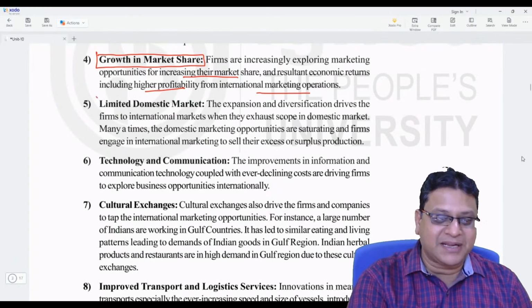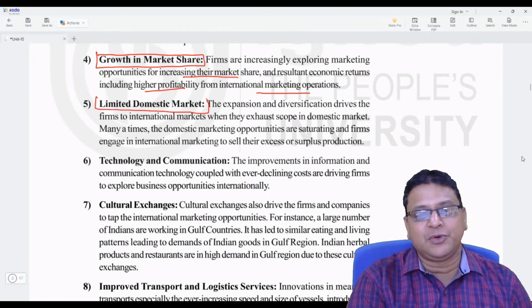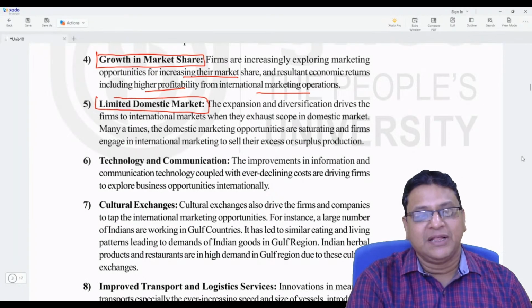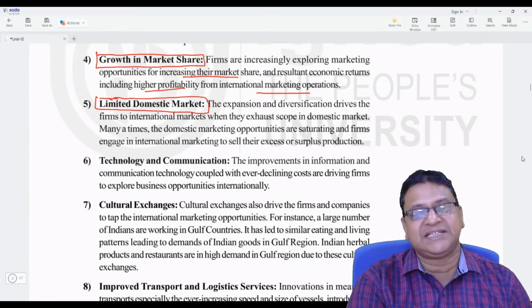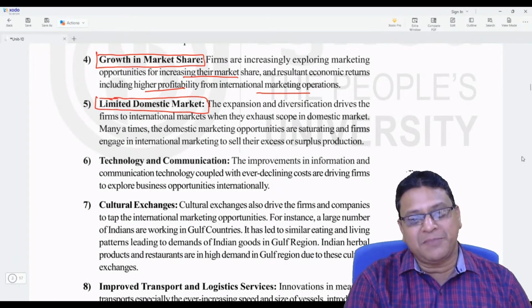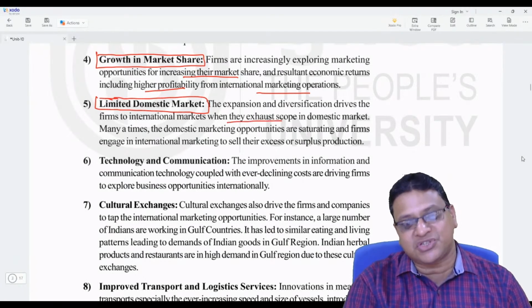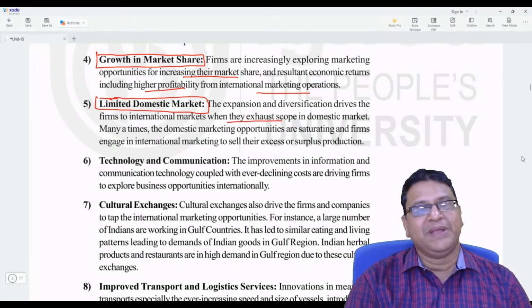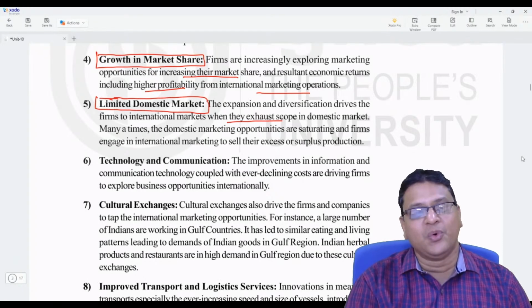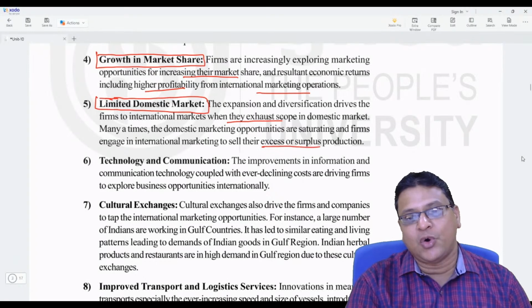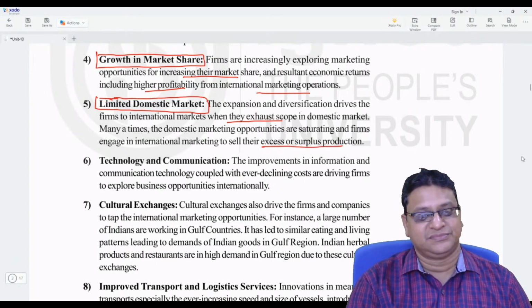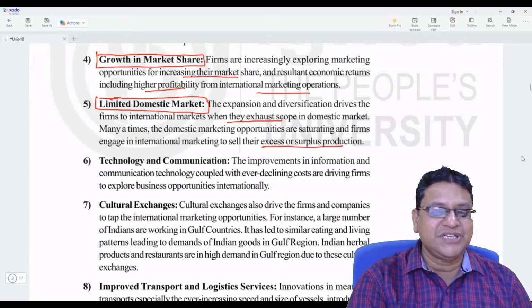Limited domestic market. What is limited domestic market? We know that the domestic market size is limited. If the domestic market is exhausted, many firms prefer to go international to sell their excess or surplus products. Technology and communication.